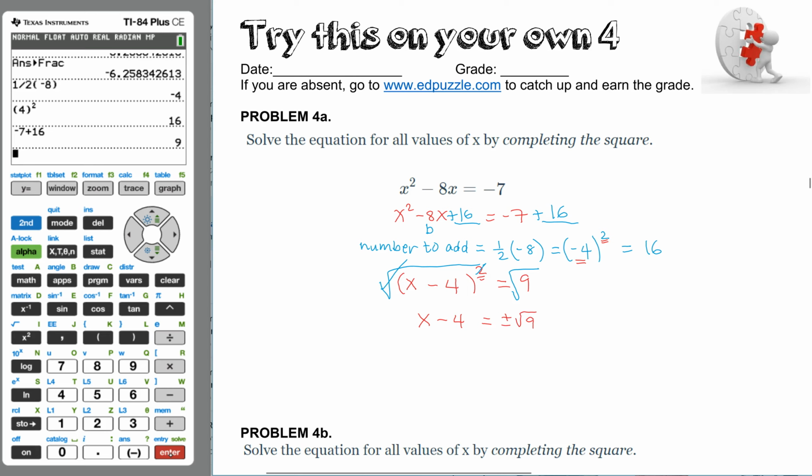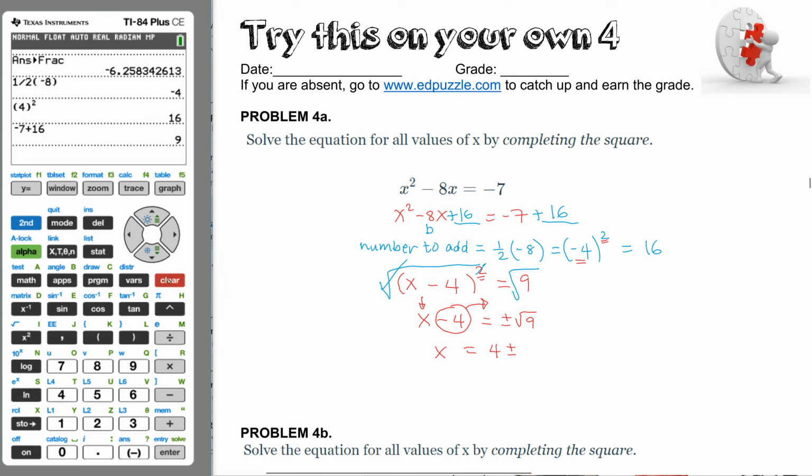Again, I want to have x by itself, so I need to move this over to the other side. So x equals, the minus 4 becomes positive 4, plus minus the square root of 9. Press enter. So we have here 3.